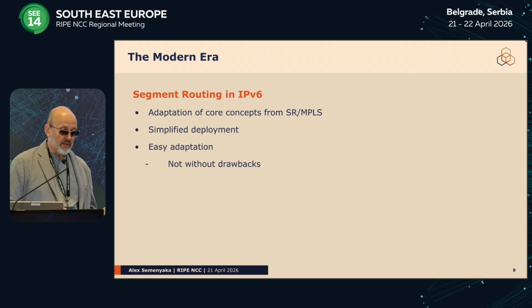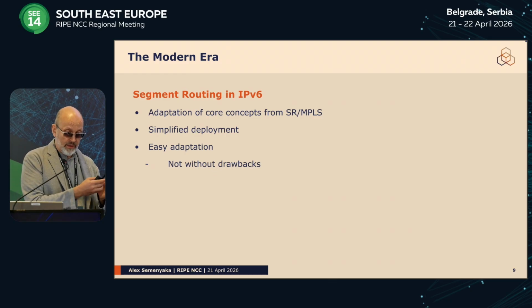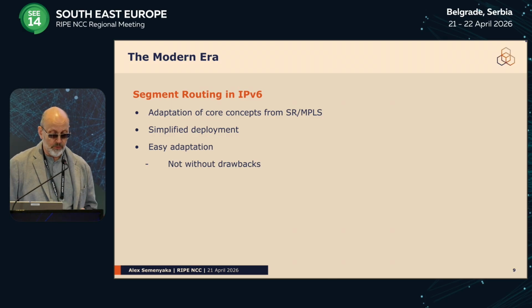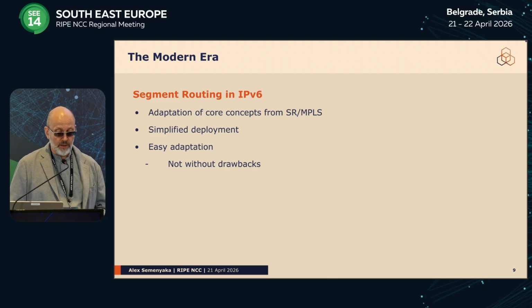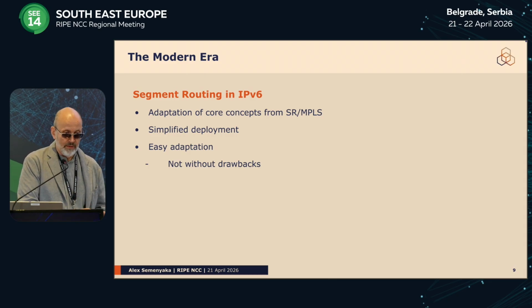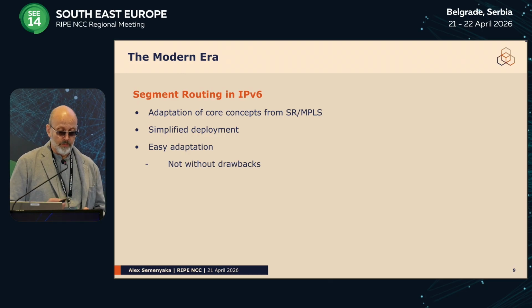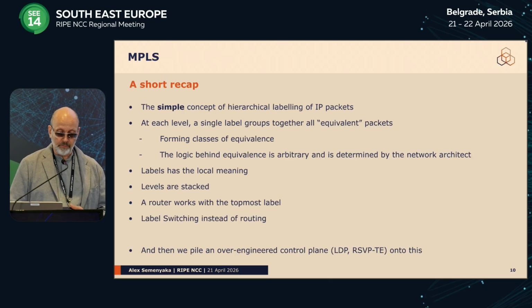With IPv6 we have simpler deployment because we don't need to deal with special things like MPLS. It's normal IPv6. We can have an easy adaptation, but due to these features, we also have some drawbacks, which we will, of course, discuss later.